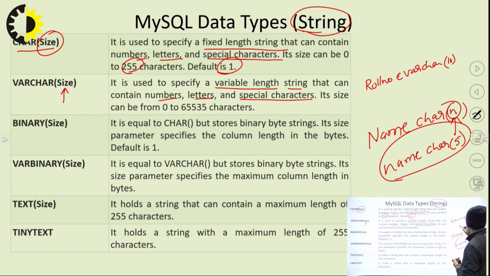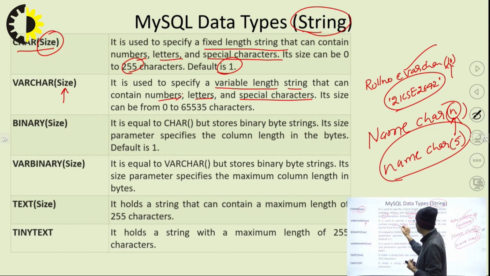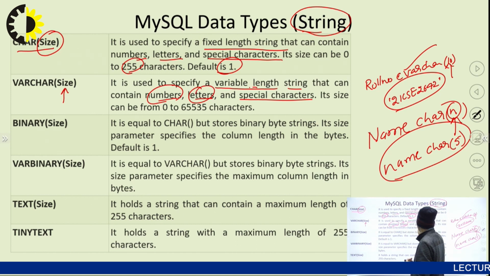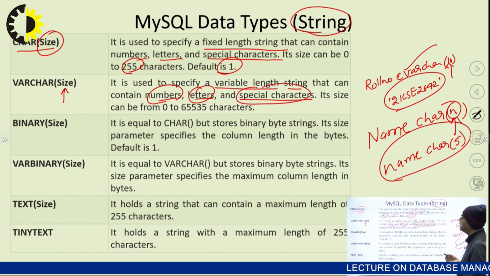Then if he is inserting data, he has to write 21 CSE 2642. This is valid, because here we have written varchar and specified the size, and varchar may contain numbers, letters, and some special characters also.